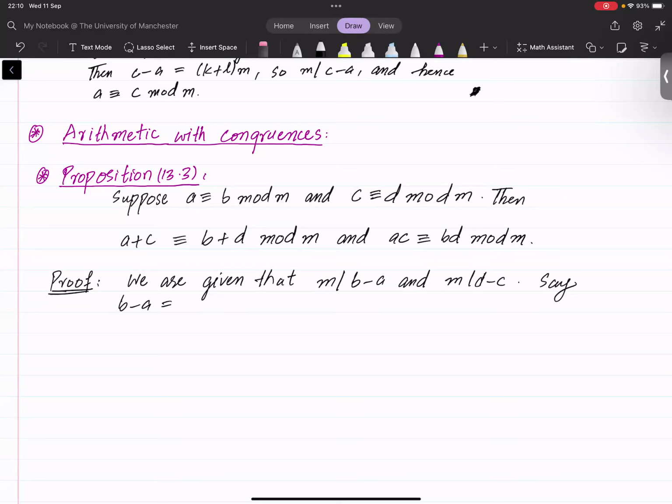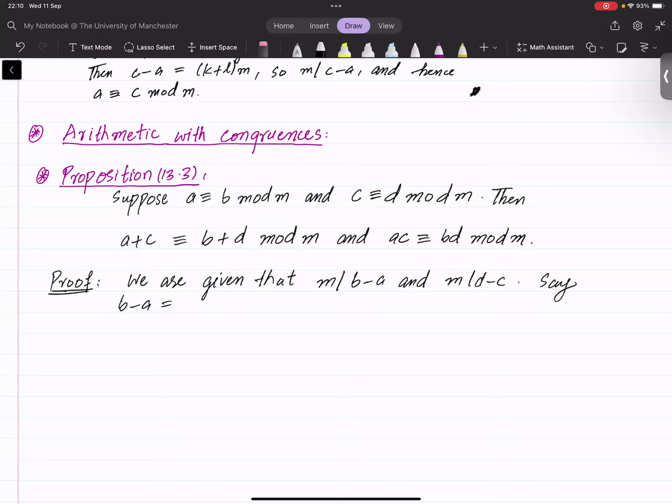Okay. Now we will talk about some arithmetic of congruences.